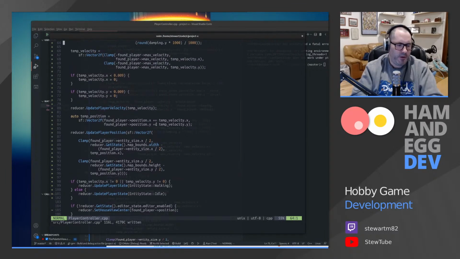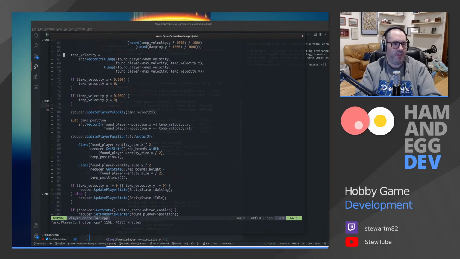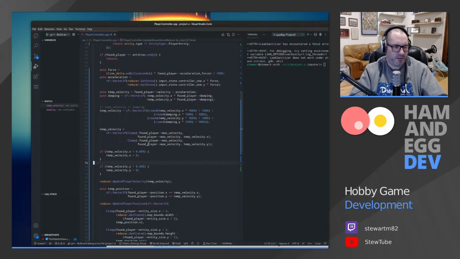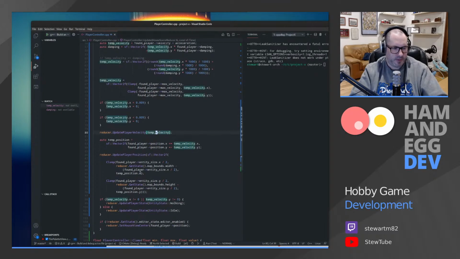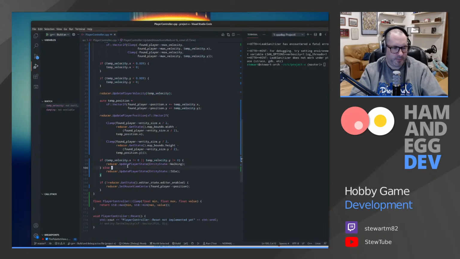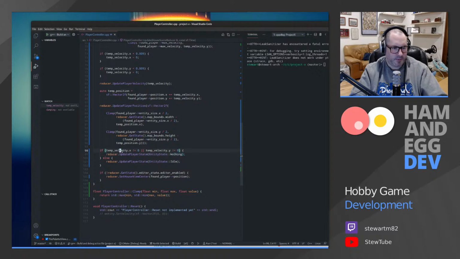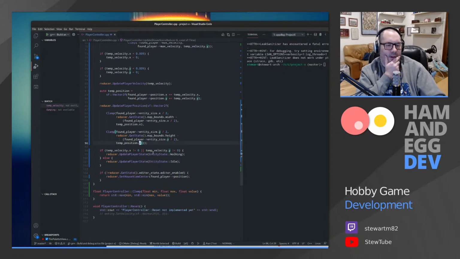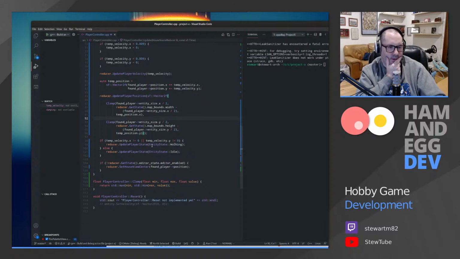I kind of want to know why this position isn't getting updated though. Let's continue to debug. All right, so the clamp. Okay, so we kind of need to debug this.